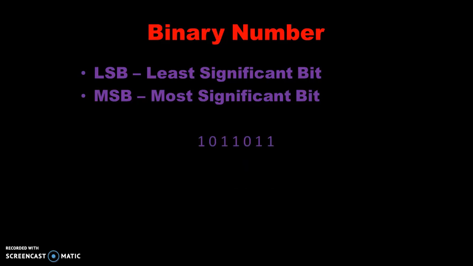Let us take one example. Suppose we have one binary number, 1011011. On the right hand side, that is known as LSB, the least significant bit. And on the left hand side, at the extreme position, is the most significant bit, that is MSB.